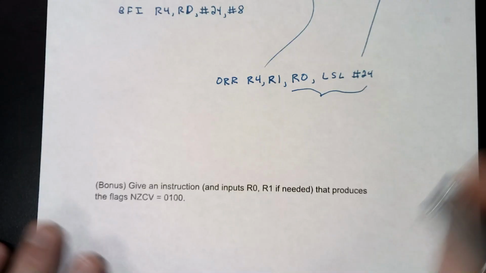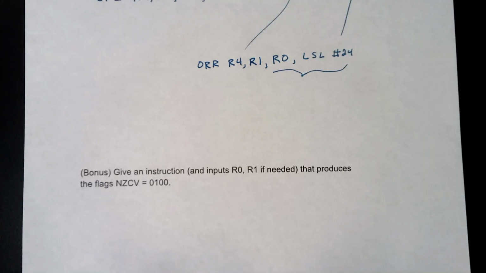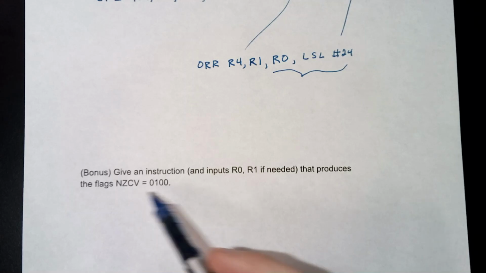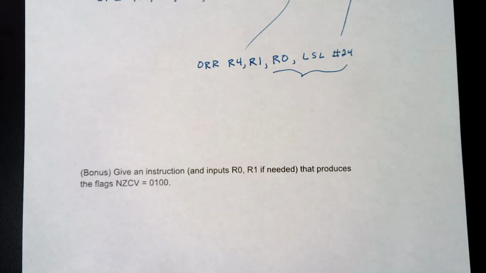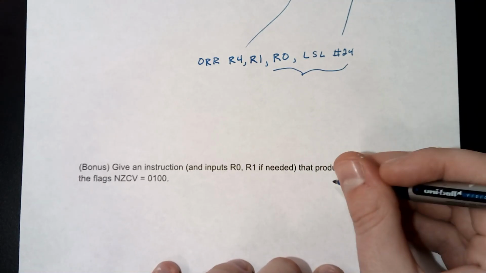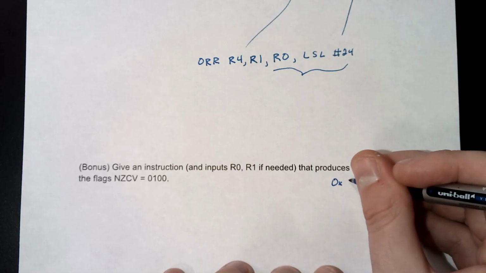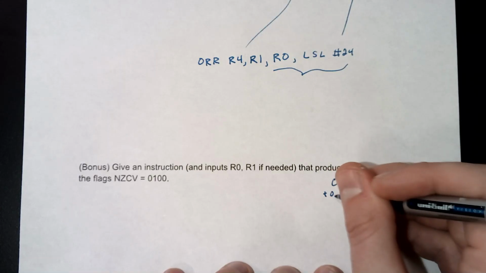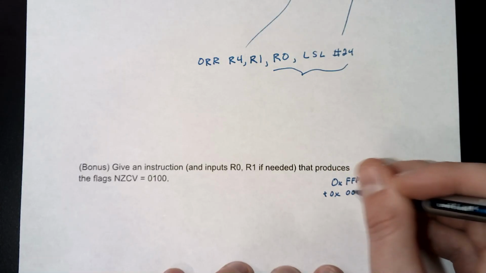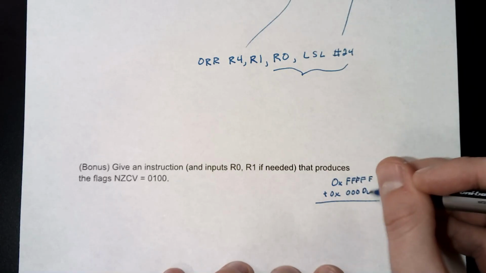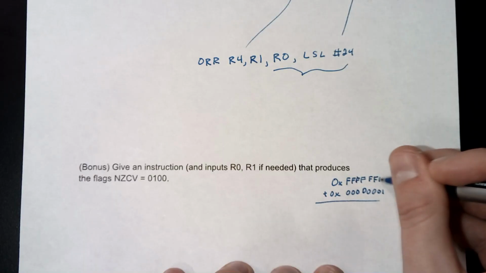And then the last one, we'll just look at the bonus real quick because it's kind of interesting. Give an instruction and inputs if needed that produces the flags NZCV equals 0100. I think this was here basically to try to break the habit. A lot of people want to do something like 0xFFFF plus 0x1, in 16 bits, or we could extend this further, 0x0000FFFF plus 1.